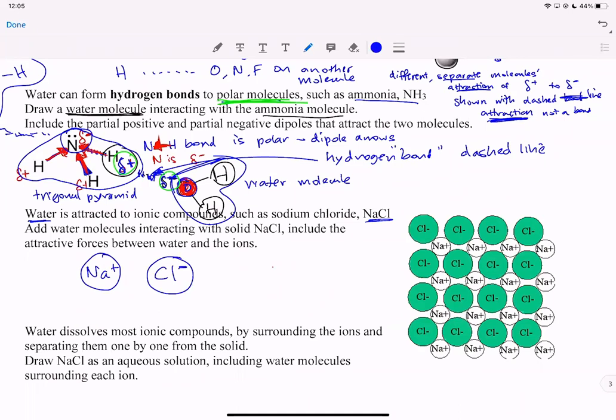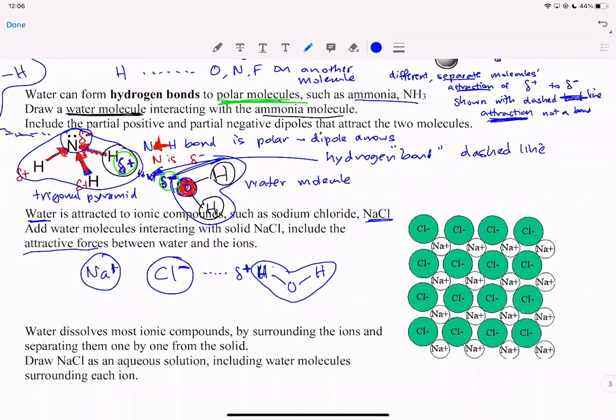And so how this works for the water molecules: adding in water molecules, adding in the attractive forces, a negative is going to be attracted by the dashed line to a partial positive. So what is the partial positive when you're talking about the water molecule? Well, the partial positive is the hydrogen atom of the water molecule. And so that would be that H2O water molecule, okay?